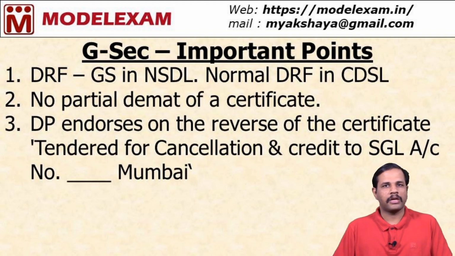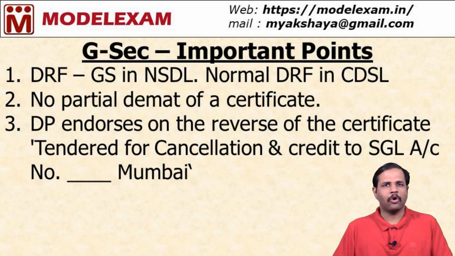No partial demat of a certificate is possible. Say, for example, a certificate consists of 100 bonds; it means that you cannot dematerialize 50 bonds, so you should dematerialize the entire certificate. And see the third point: the DP should endorse and write on the back of the certificate, tendered for cancellation and credit to SGL account number, dash Mumbai.